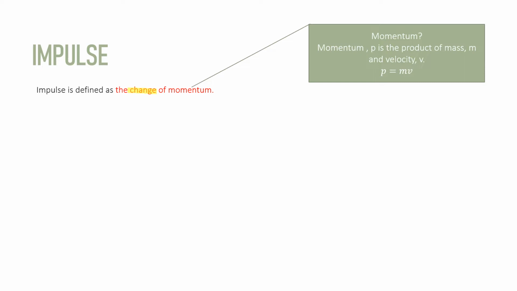Therefore, we can write impulse as impulse equal to m(v - u), where m is the mass, v is the final velocity, u is the initial velocity. The unit of impulse is kilogram meter per second, or we can write as Newton second.